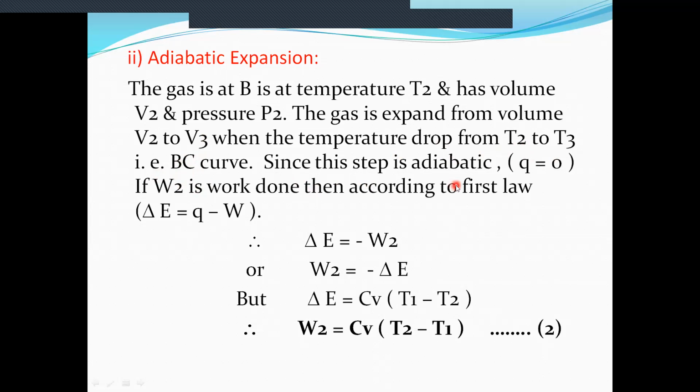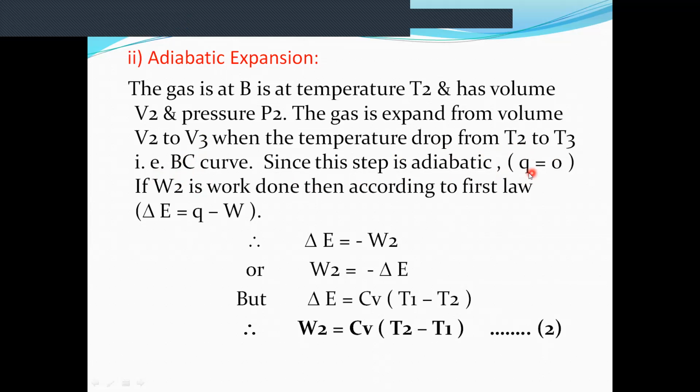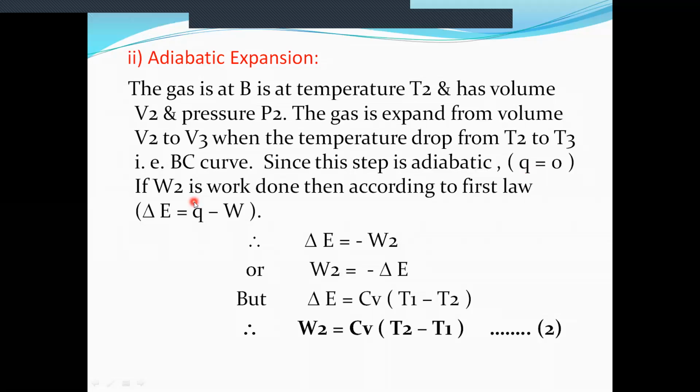Since this step is adiabatic, Q is equal to 0. If W2 is the work done, then according to the first law of thermodynamics, we have to put Q equal to 0 in the first law equation. So what is the first law equation?